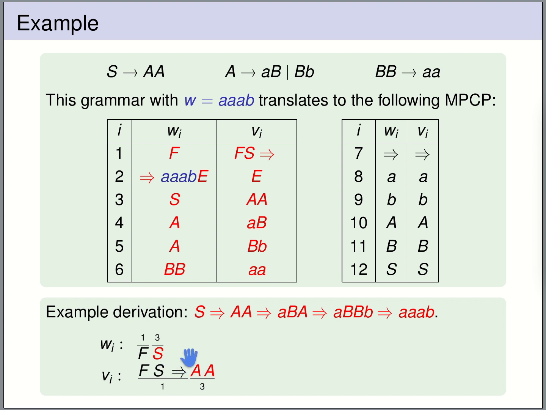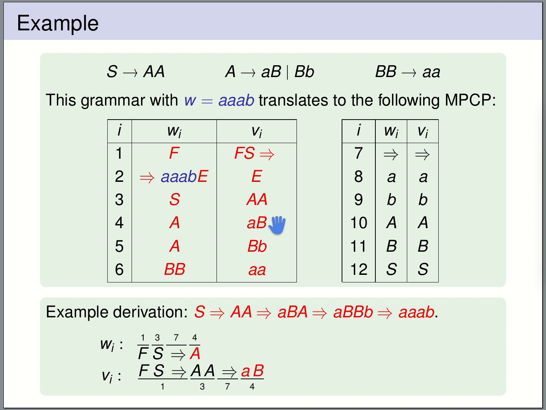So now you see that we have modeled the rewrite step. We had started with an S, and we have now derived AA. This arrow we can simply copy using pair number 7. So now the question is, what do we do with AA? We look again at what we did in the derivation of the grammar. The A has been replaced by terminal A variable B. So this is this rewrite rule, and this corresponds to pair number 4.